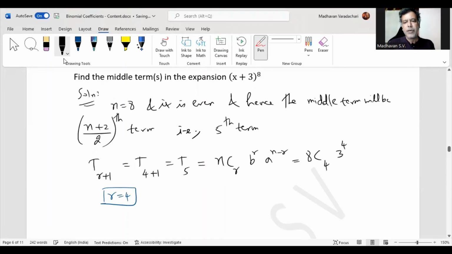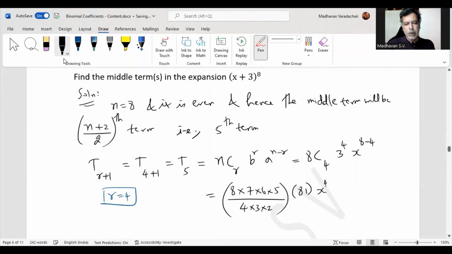So 3 power 4. a is nothing but x, and n is 8 minus 4. That means 8C4, we can rewrite it as 8 into 7 into 6 into 5 divided by 4 into 3 into 2, times 3 power 4, that is 9 square, which is nothing but 81, and this is x power 4.